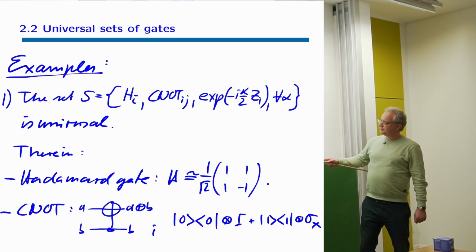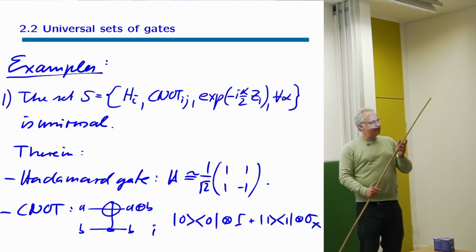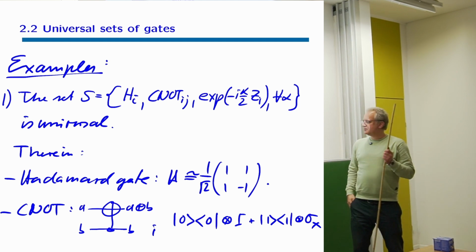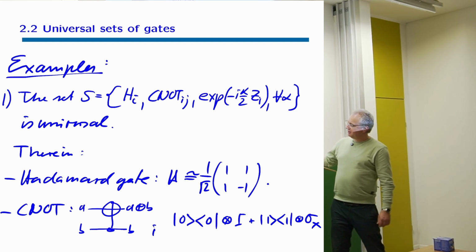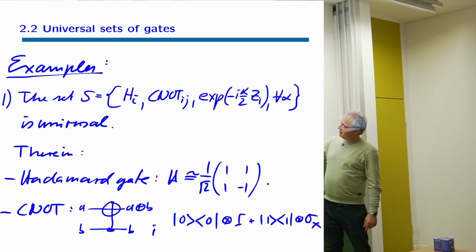This entangling gate. So this is the explanation in a particular basis, the so-called computational basis, so the eigenbasis of sigma z, the Pauli operator. Okay, so we first explain what it does on the basis states.